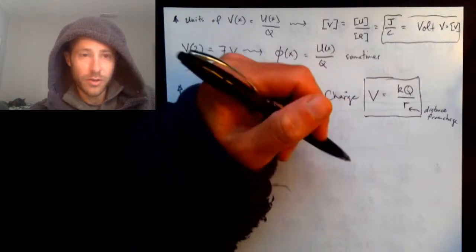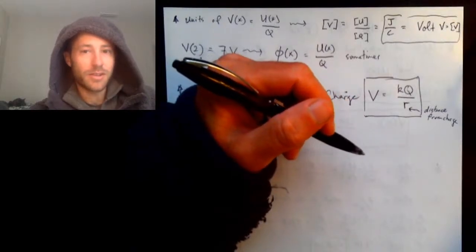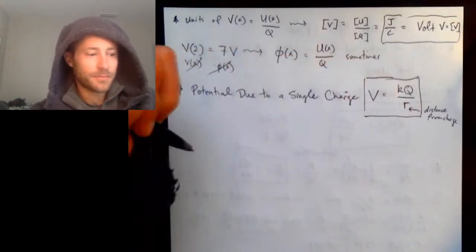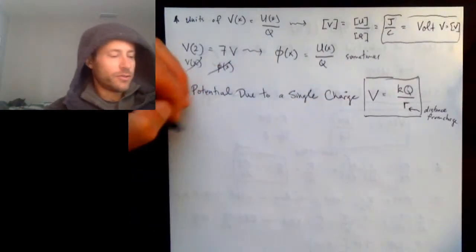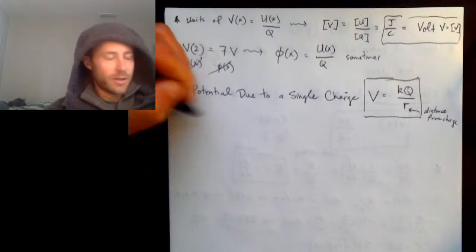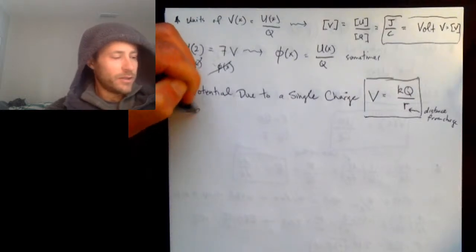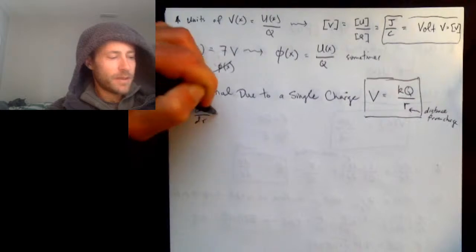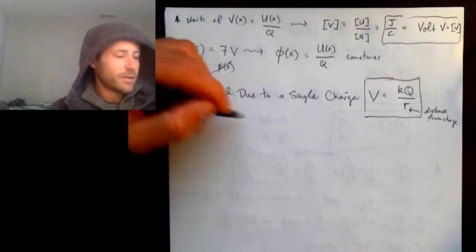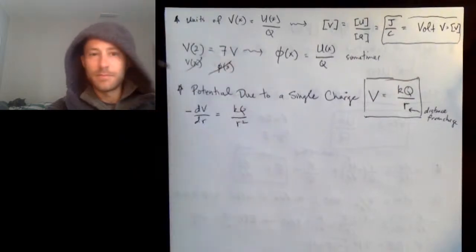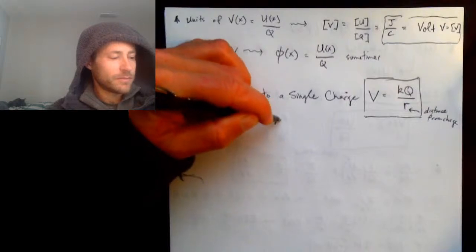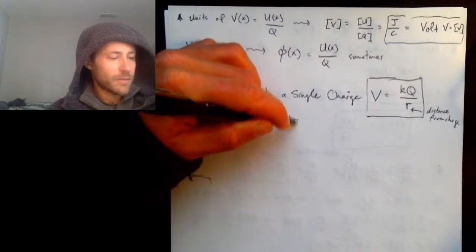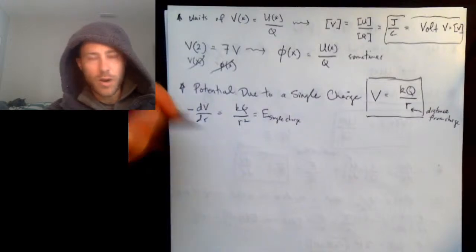It's very close to electric field, and we can double check why this is true, right? Because if we do minus dV dr, we would get kQ over r squared, which is the electric field due to a single charge.